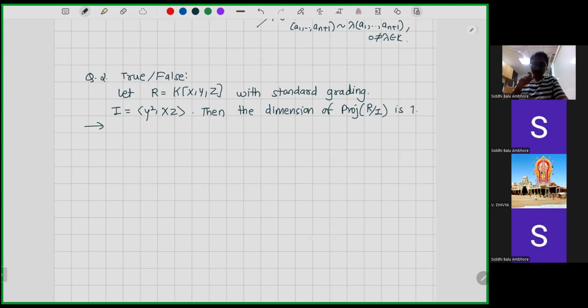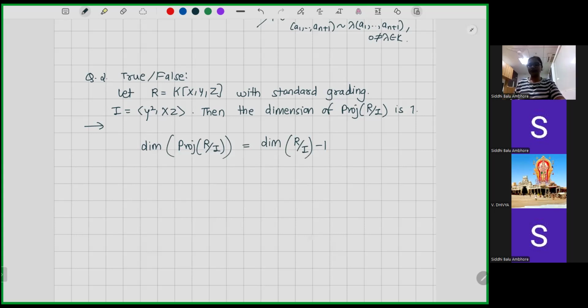So note that we have this result in general, that the dimension of Proj R/I, and I is also a homogeneous ideal here, so defining Proj is not a problem. I is generated by homogeneous elements y squared, xz. So yes, it is equal to the dimension of R/I minus 1.